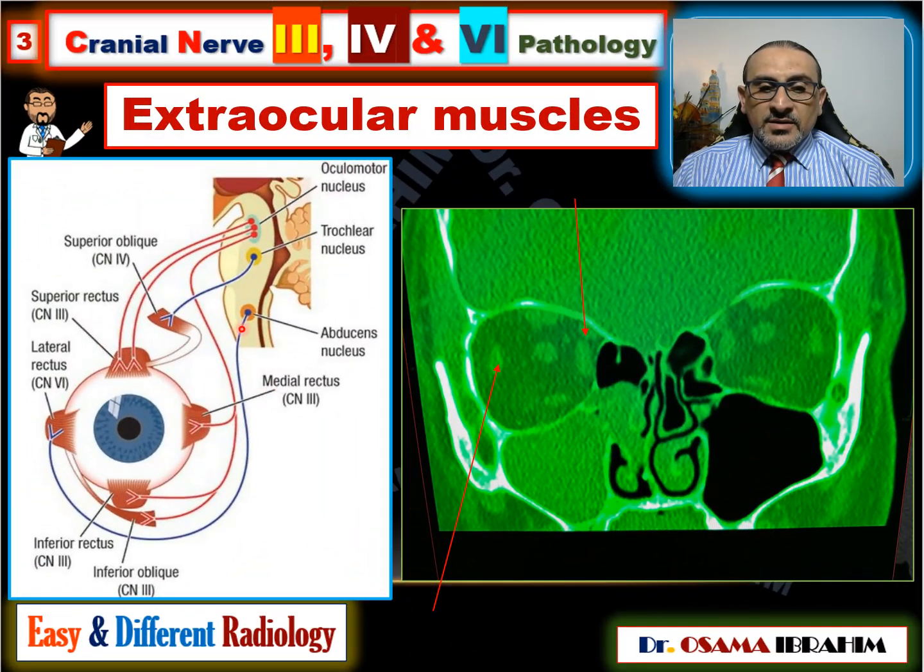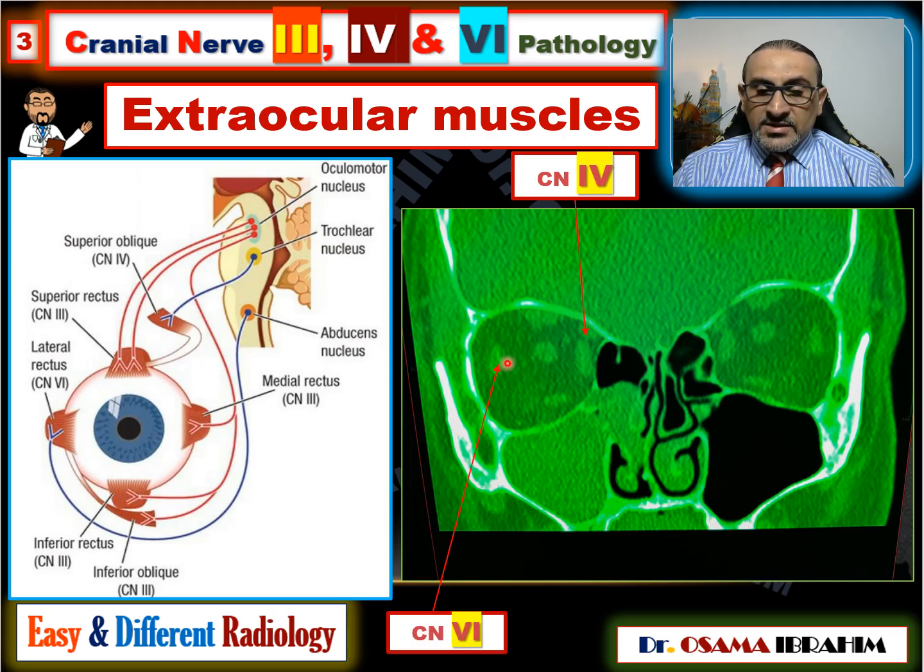And the last summary is the extraocular muscles. This case is from my daily work cases also. This case has another pathology here in the maxillary sinus antrum. However, this is only to remember the extraocular muscles. That one is the superior oblique muscle, supplied by cranial nerve 4, which arises from the midbrain. And that one is the lateral rectus muscle, supplied by cranial nerve 6, the abducent nerve, which arises from the pons.